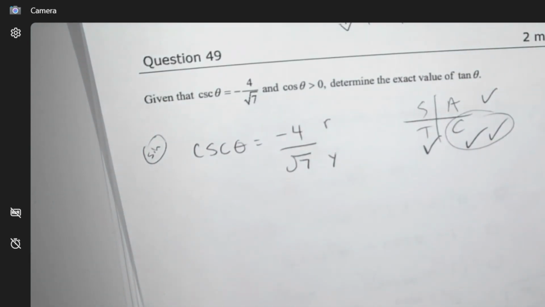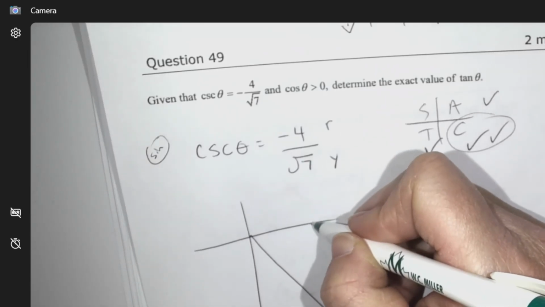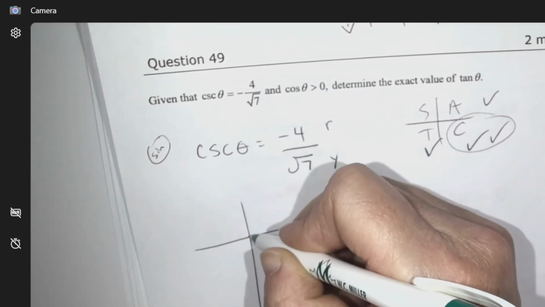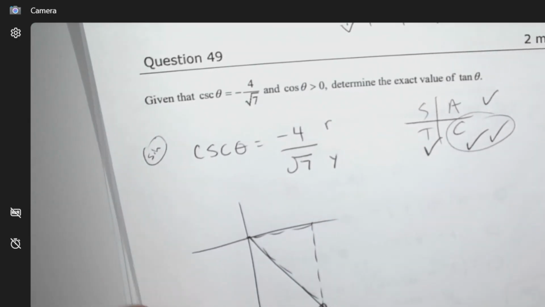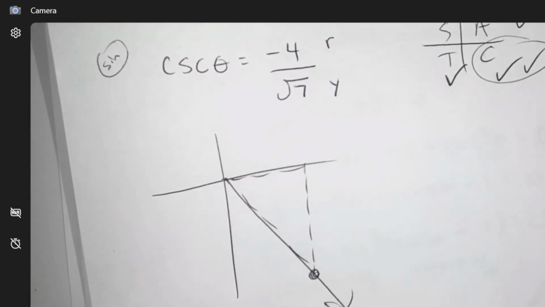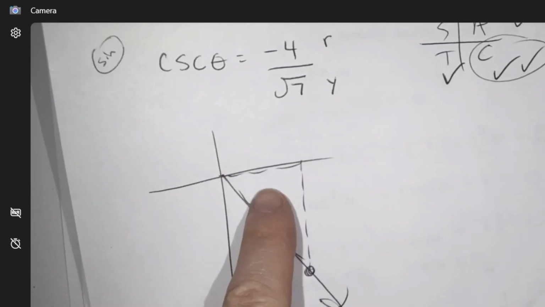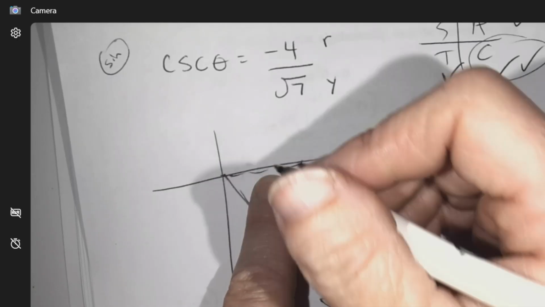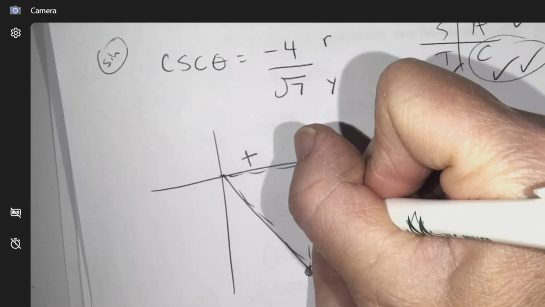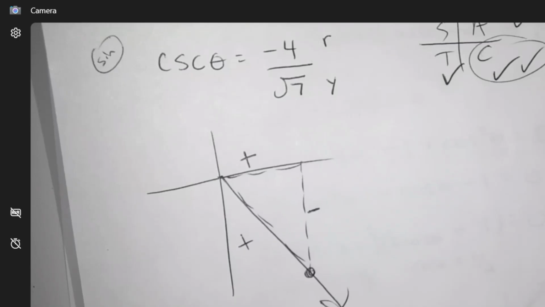So my conclusion is this is going to be in the 4th quadrant. And I'm going to draw a triangle. And you know what I'm going to do before anything? I'm going to put pluses and minuses on there. What do you think about this side? Plus, down, radius always positive.